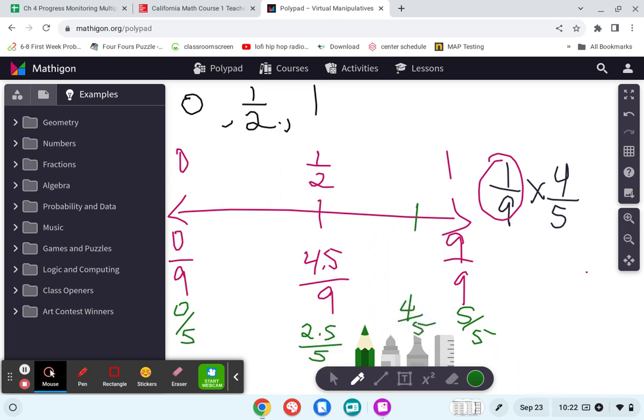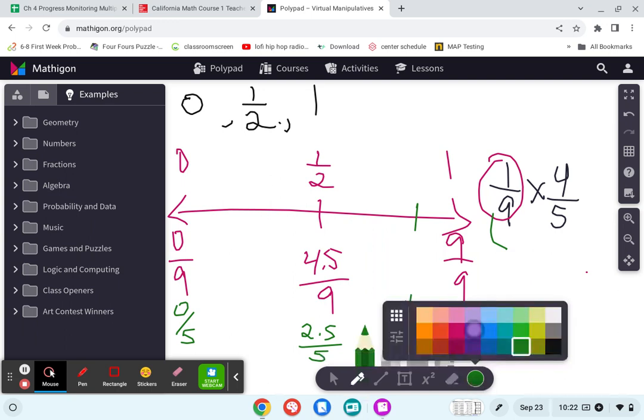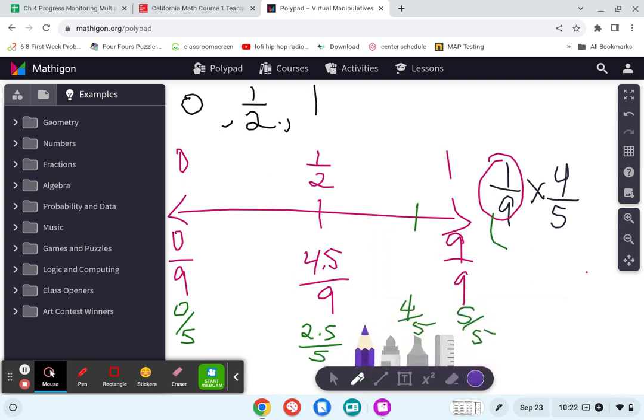So my estimate would be 0 times 1 instead of 1/9 times 4/5.